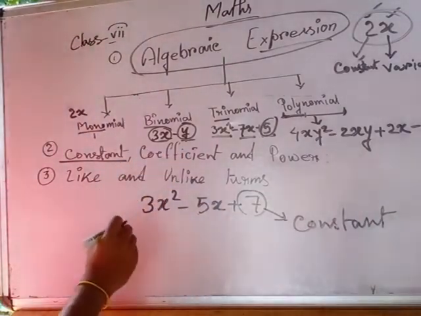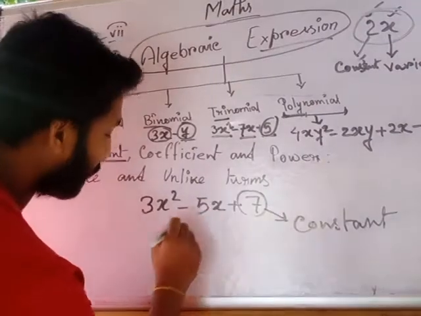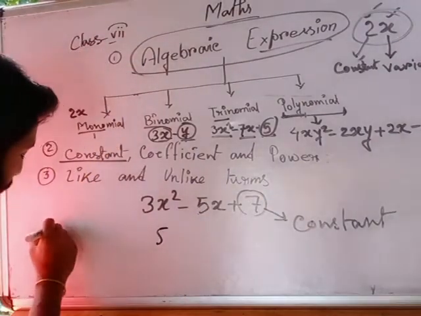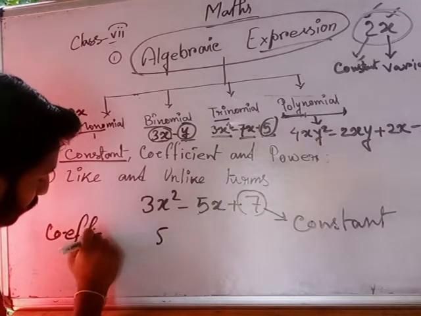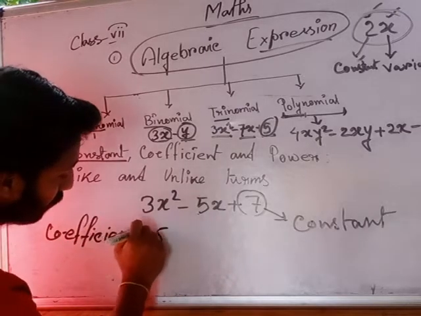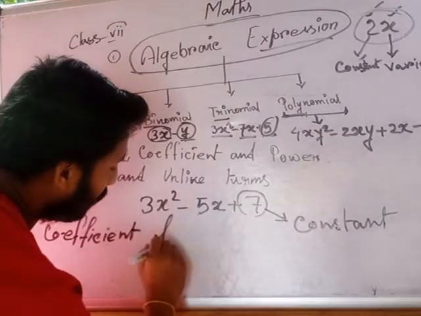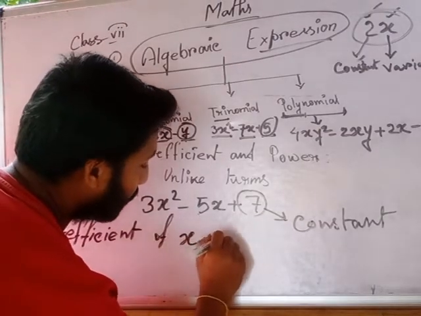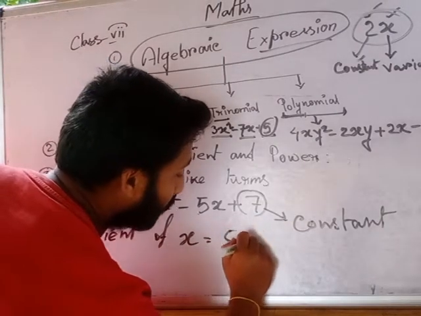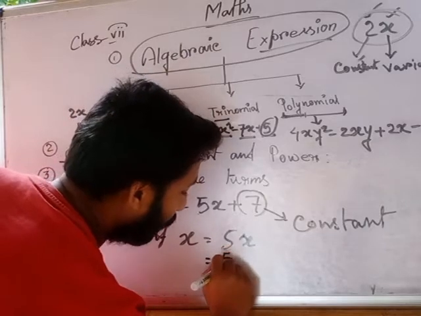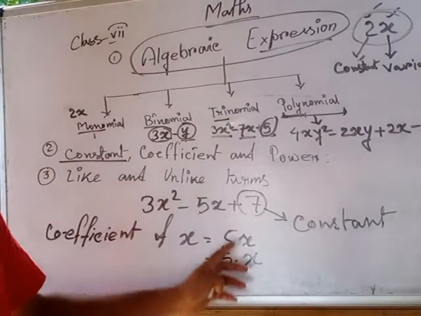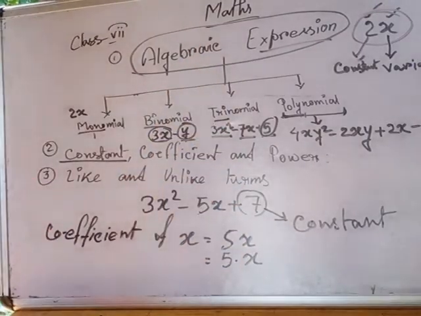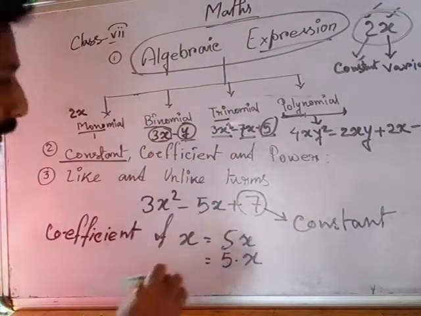Coefficient, suppose the coefficient of x. It is 5x, that means 5 multiplied with x, with an implied multiplication sign in our algebraic expression.